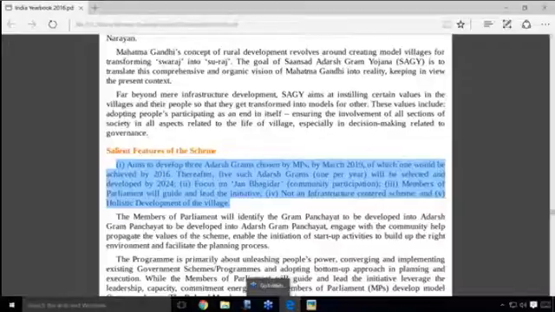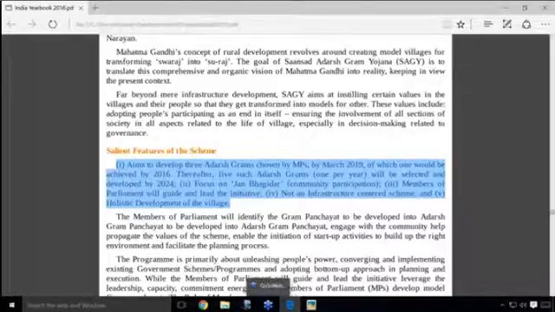Thereafter, after 2019, 5 such Adarsh Grams will be selected and developed by 2024. The focus should be on Jan Bhagidari rather than government involvement. The Member of Parliament should lead this, and it is not an infrastructure centered scheme.